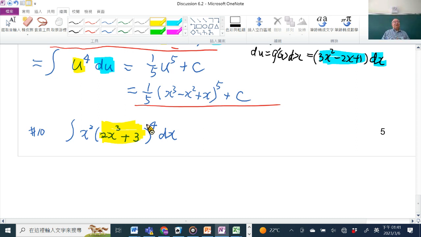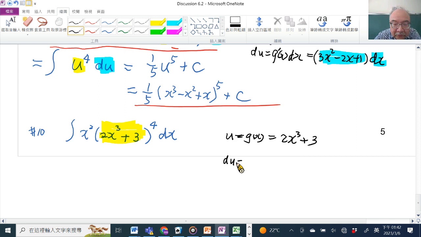Okay, so it started different now. That means you have to do something more in order to fit into the integration rule. So here we're still using u equals g of x, and that is equal to 2 times x to the power 3 plus 3.